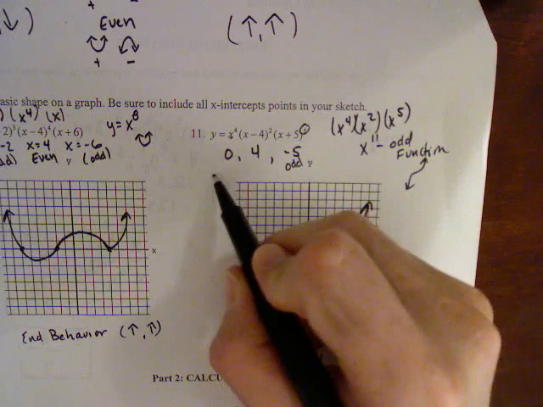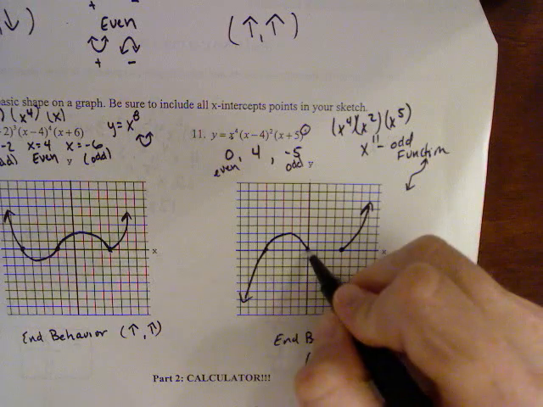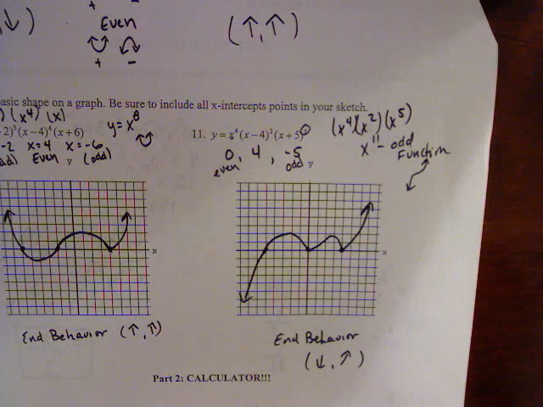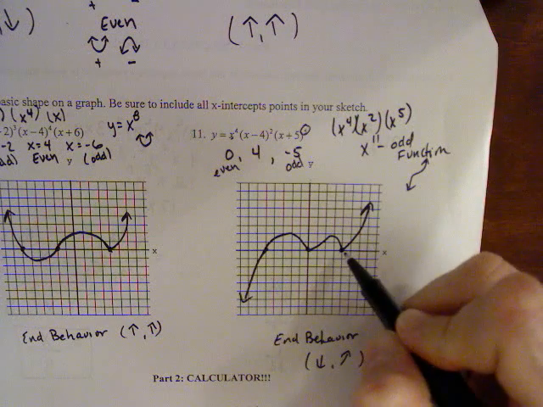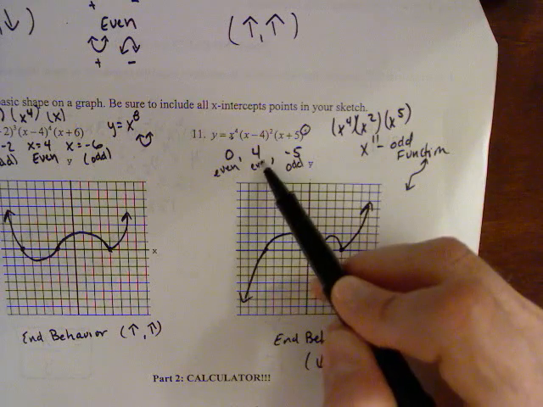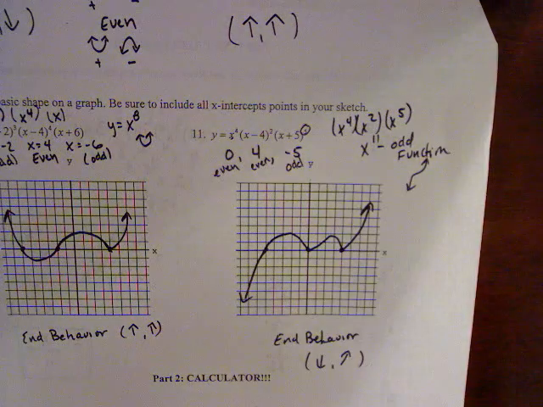It has an even multiplicity. So since it's even, it's going to bounce off, come back up, and then come back down to that next 0. And again, the 0, 4 is even because it has a multiplicity of 2, and therefore it's going to bounce off that graph as well.